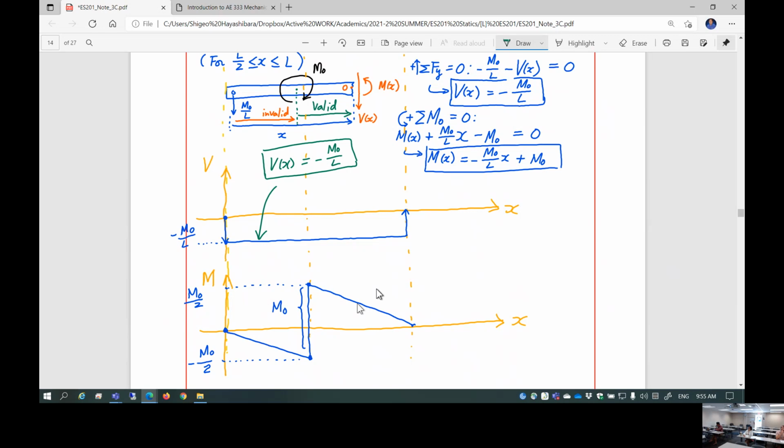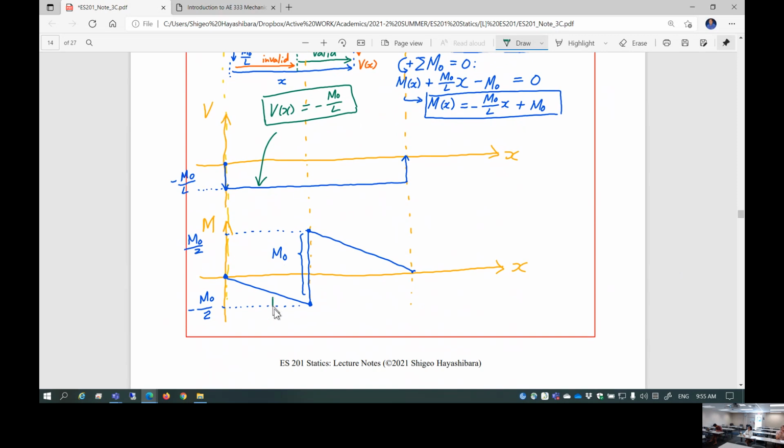Now, how about the moment right here? Mathematically speaking, as a function of x, this is minus M0 over L times x plus M0. So those are the mathematical functions representing those lines. Okay?